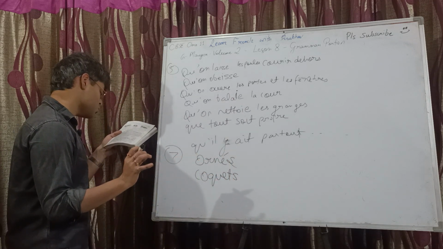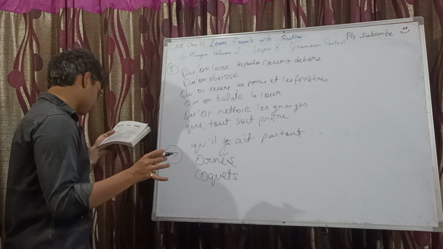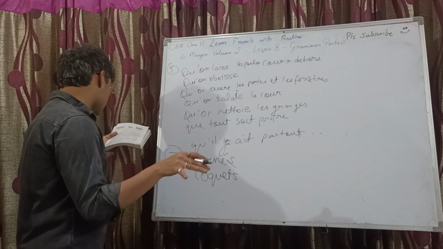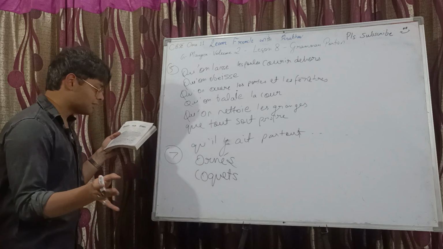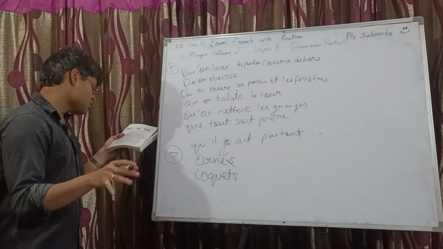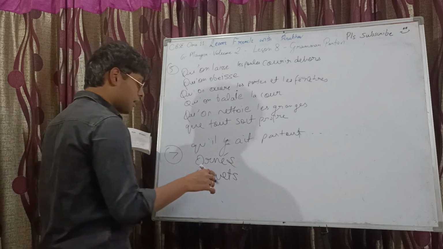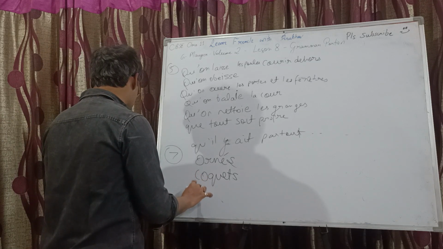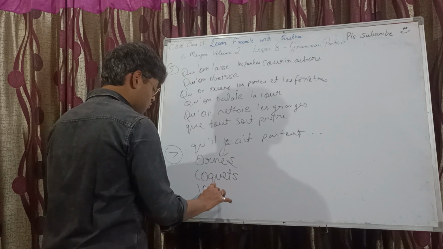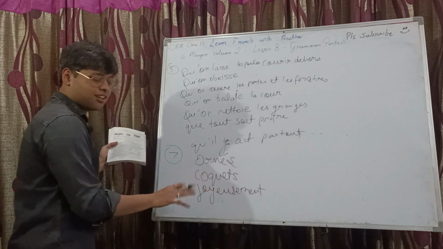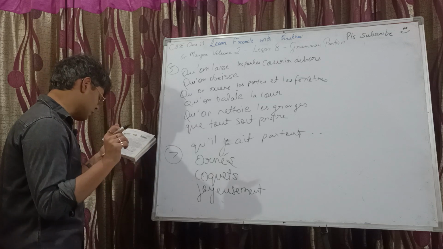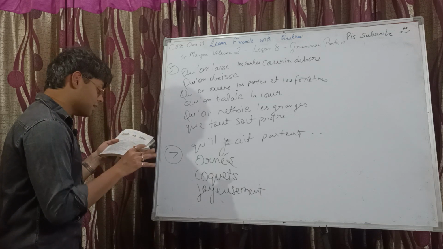Ideally it should be joyeuse, but in the formation of the statement, the adjective won't be much suitable here. So I am writing joyeusement, the adverb. That will be better given the formation of the statement.